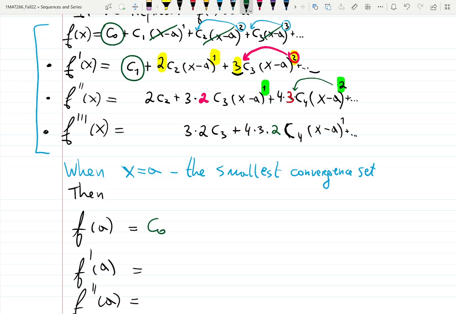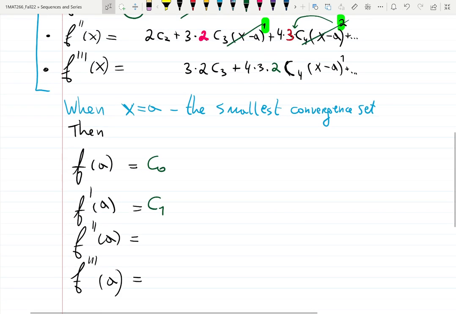C sub 1, right? 0, 0, 0. How about f prime prime at a? 2 c sub 2. How about the third derivative at a? 6 c sub 3. Let's keep it as 3 times 2, c sub 3, because it looks like a nice pattern.